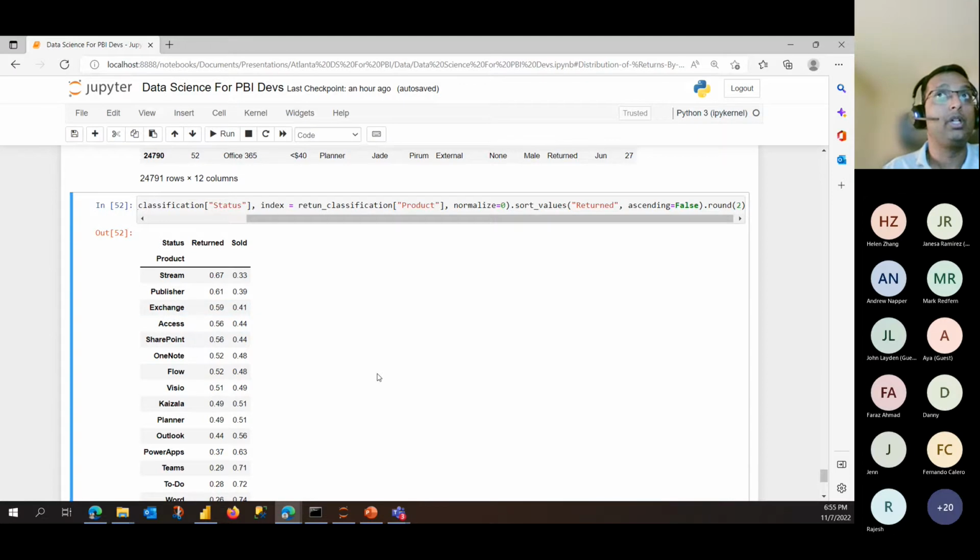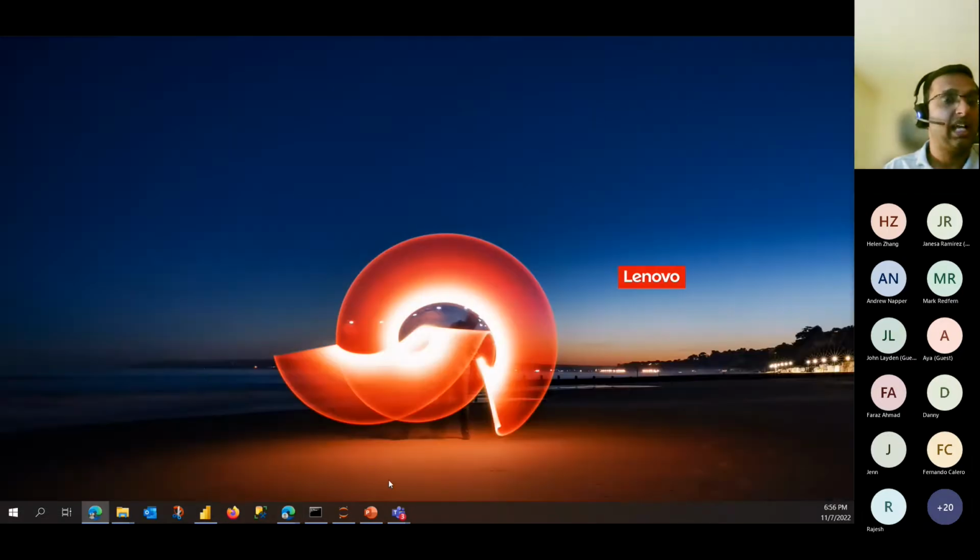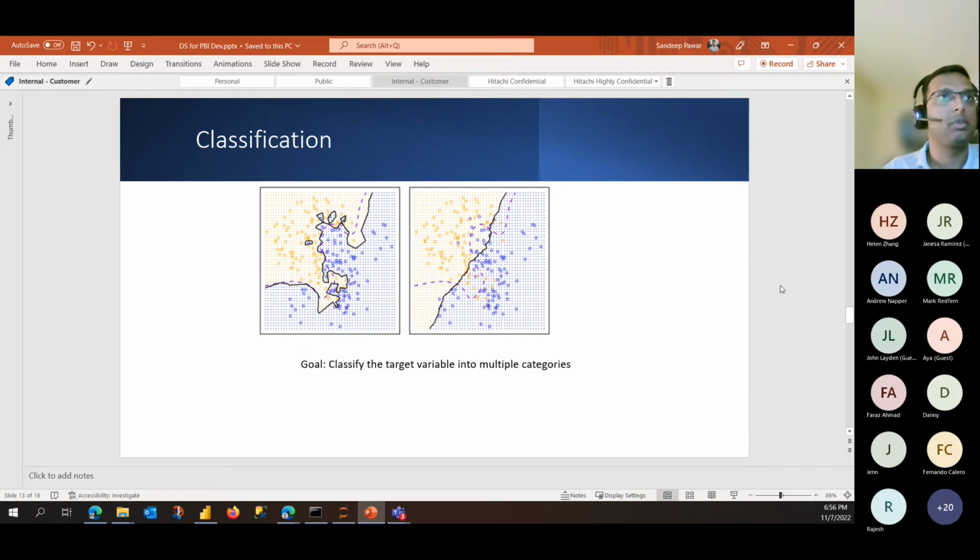These are more likely to be returned. It also depends on the month in which they return it and the store that they bought it from. So maybe you can create a Power App where, when the data comes in, some sort of a mailer or an email goes out to those customers to offer them some sort of a promotion, or do something along those lines so that they are less likely to return the product.